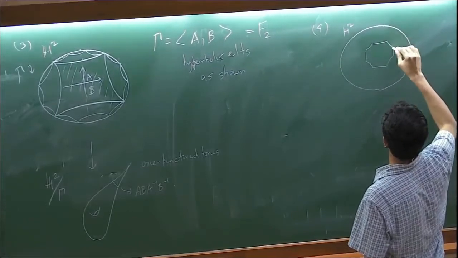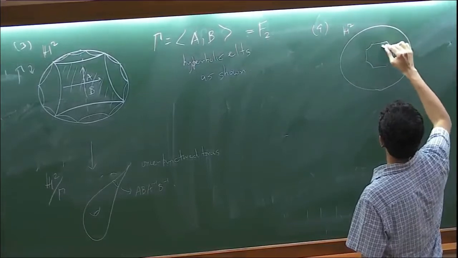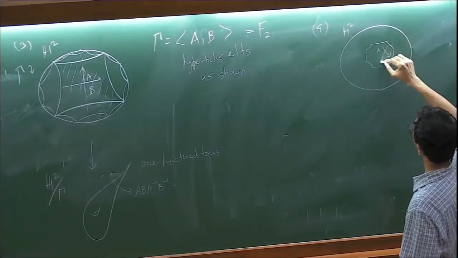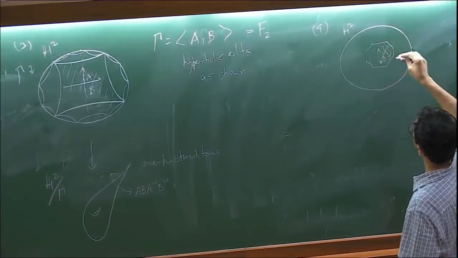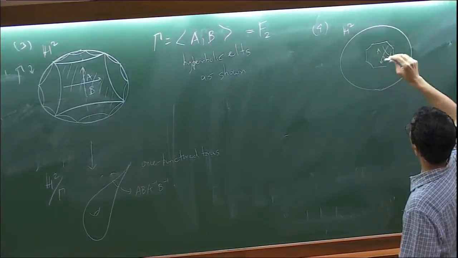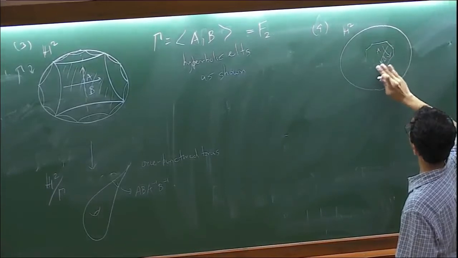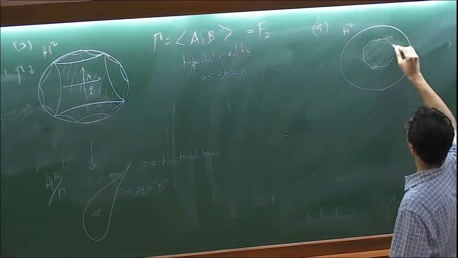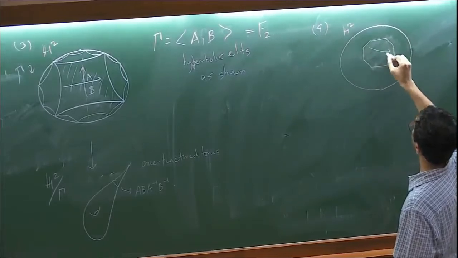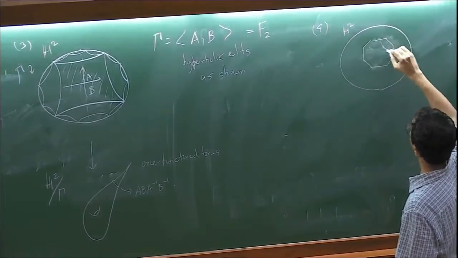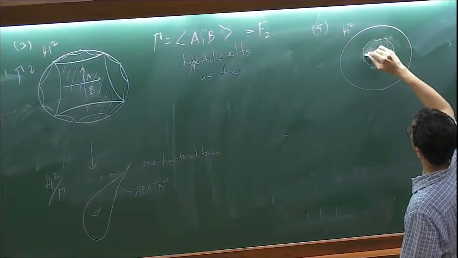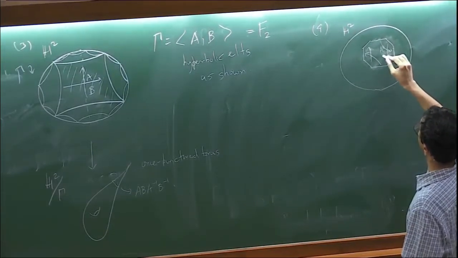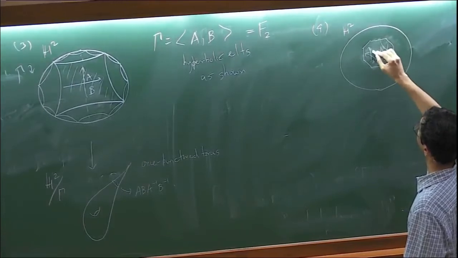I hope I have 8 sides, and you identify alternating sides by isometries A, B, A prime, B prime.